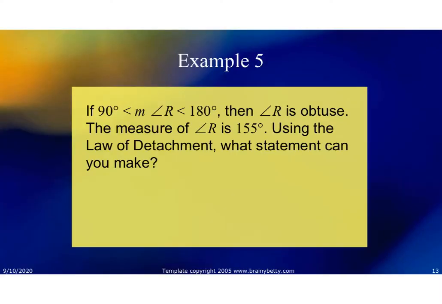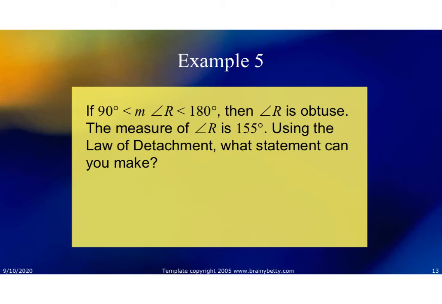Example 5. If 90 degrees is less than the measure of angle R, and the measure of angle R is greater than 90 degrees but less than 180 degrees, then angle R is obtuse. Okay, it lies somewhere between 90 and 180. The measure of angle R is 155 degrees.